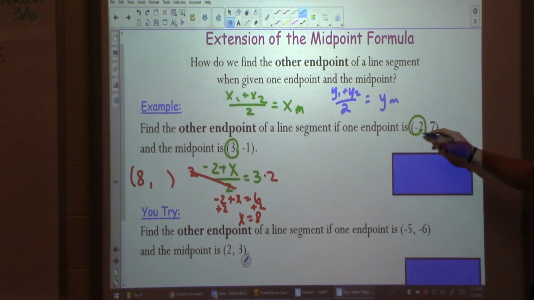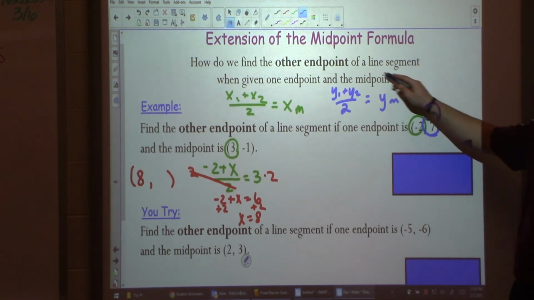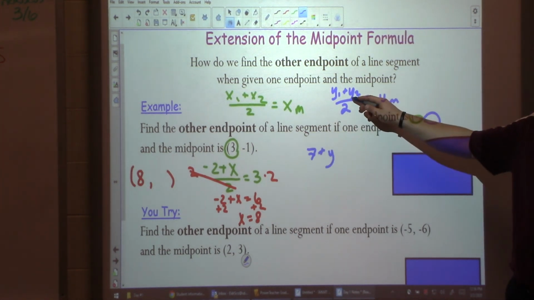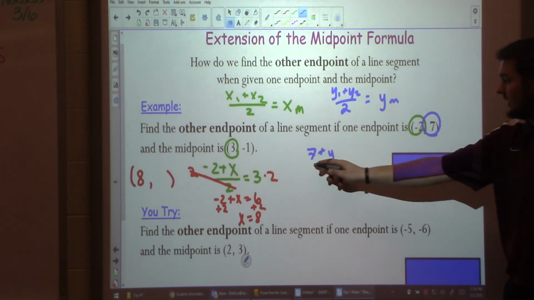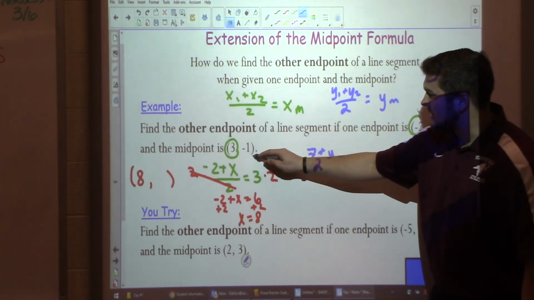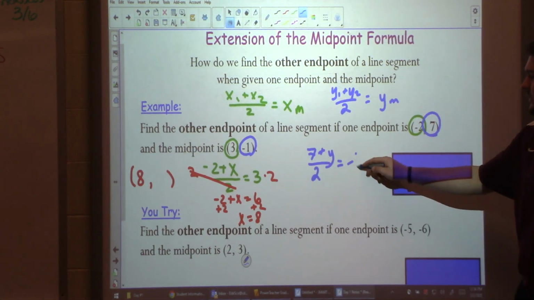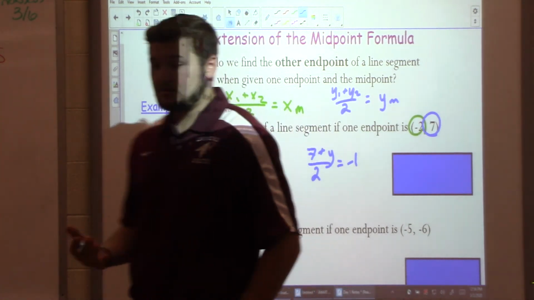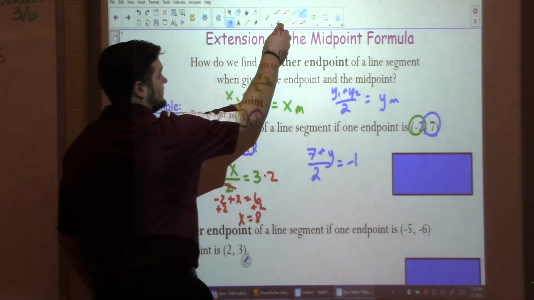Okay, then I'm given a y value of an endpoint, so I'm plugging that into y1, plus, I'm not given a second endpoint, so I'm just doing plus y, divided by 2 equals the y value of my midpoint, which is -1. So I'm plugging that in for where my y midpoint would normally be. Then I'm just solving.